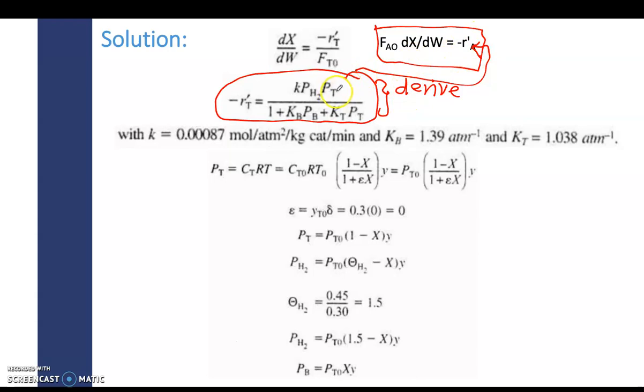So how do you simplify it? There will be some statement telling that the equilibrium constant for benzene and toluene is very small, so this one might go to 0. So it remains rT equals k pH2 pT. Then you can simplify and use the equation.